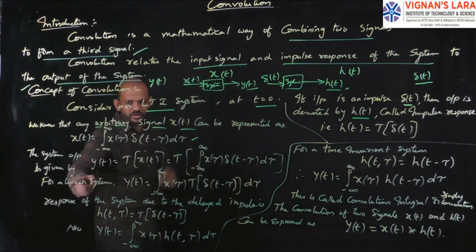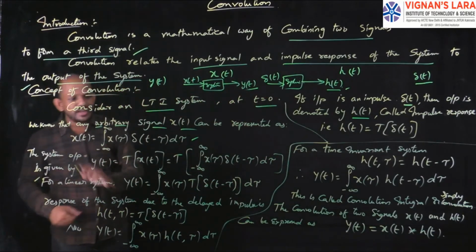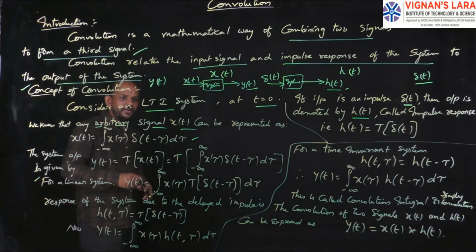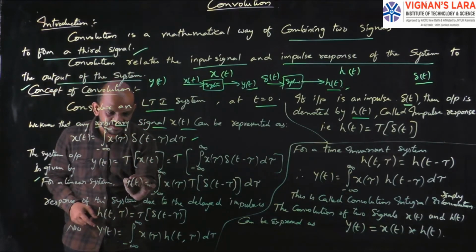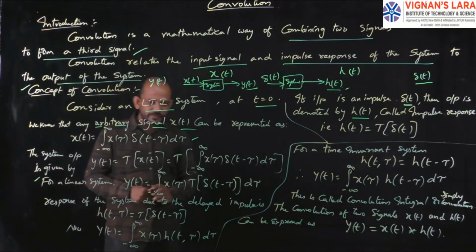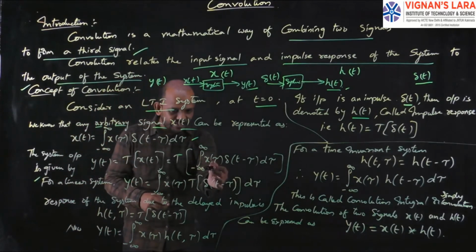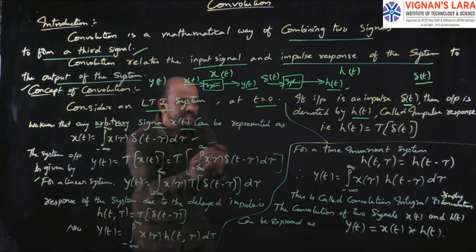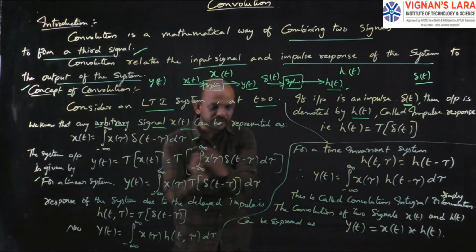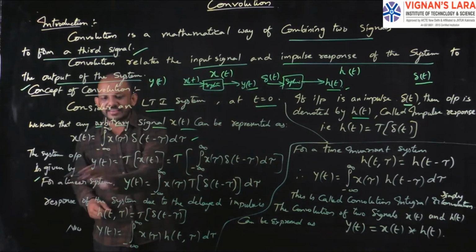So we know that for a linear system, we can write this equation as y of t will be equal to integral minus infinity to infinity x of tau, and I am bringing this transformed version to the impulse. So this is for a linear system.